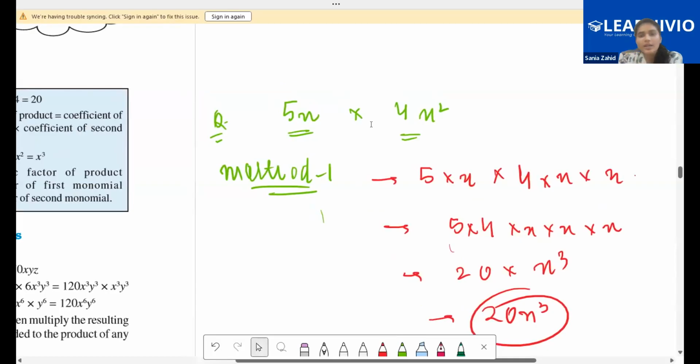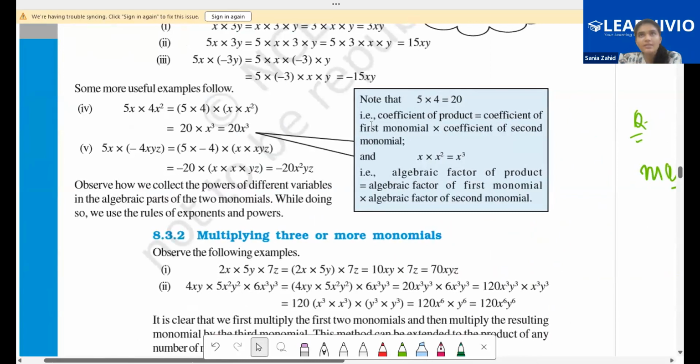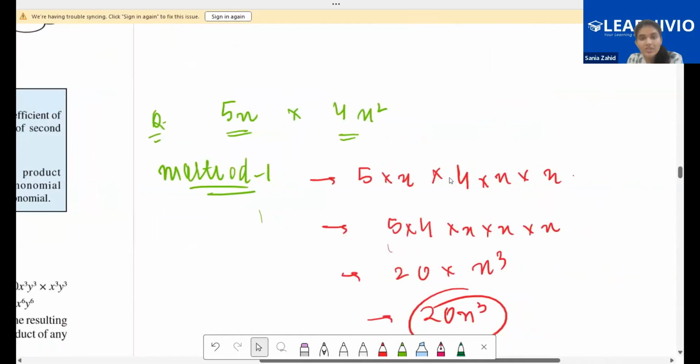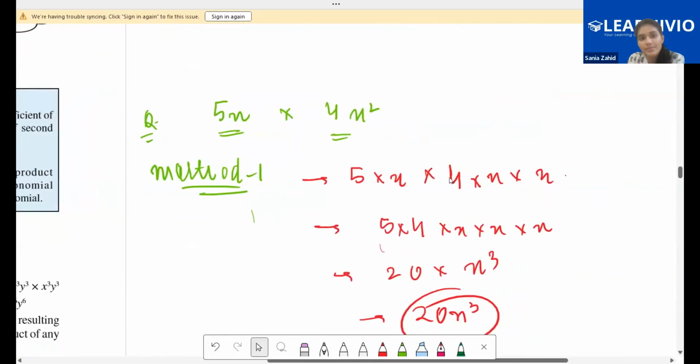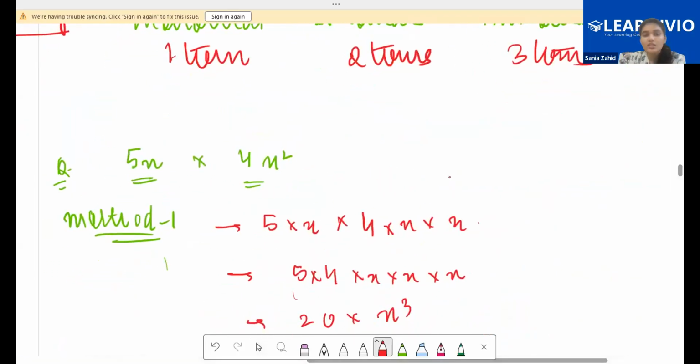If your question comes in 2 marks or even 1 mark and it's a solving question, not an MCQ, remember to do it in this manner. If the question comes in fill in the blanks or MCQ, you can even do it directly. Just take this number and multiply it with this number. You multiply the coefficients together.